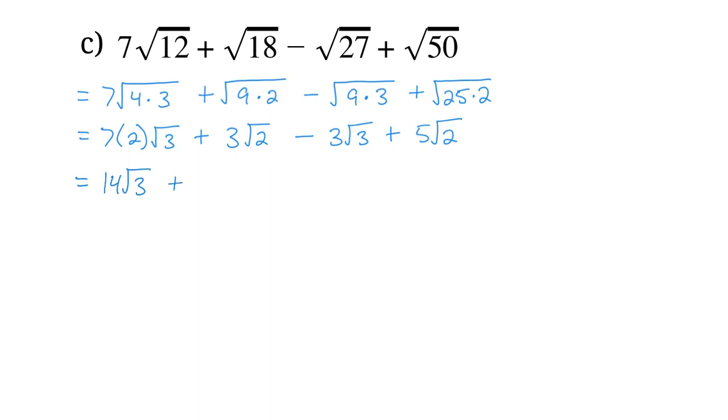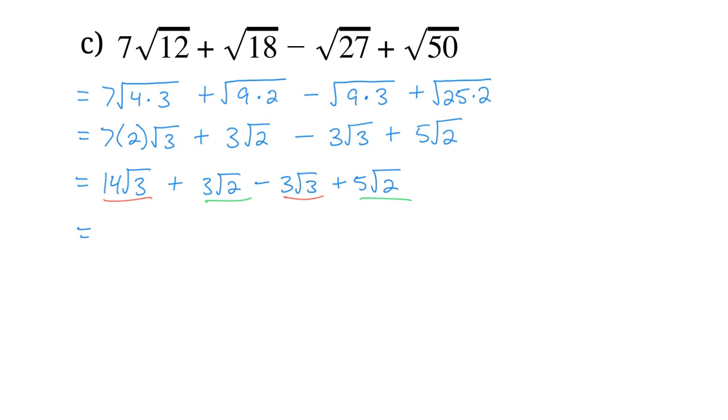And can we simplify anything further? This 3 root 2 will stay the same, minus 3 root 3 plus 5 root 2. So that all stays the same, okay? And if you look at this, we do have some of the same radicals here, some of the same radicands here. So we have root 3's, and then we also got root 2's that we can combine together, okay?